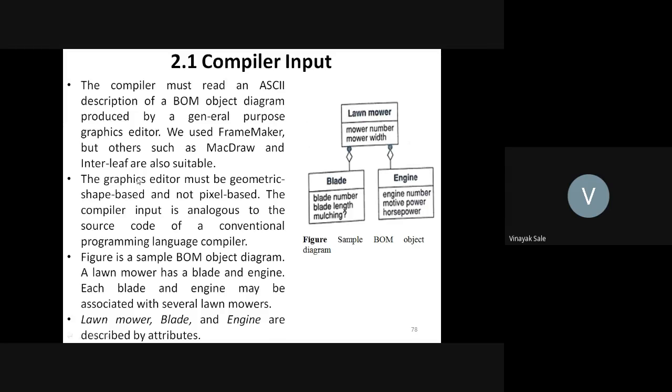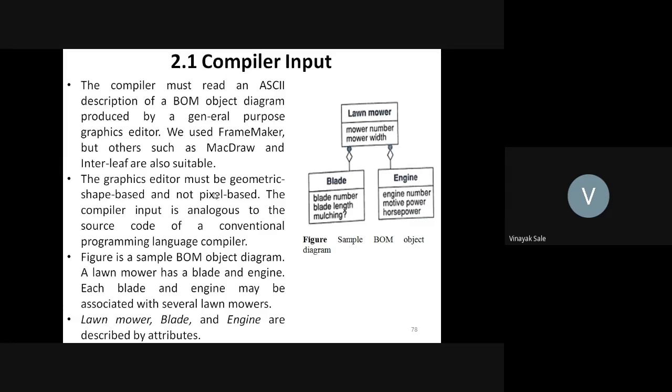The graphics editor must be geometric shaped, not pixel shaped. Geometric shaped means rectangles, ellipses, squares, diamonds. So the compiler input is analogous to the source of a conventional programming compiler.